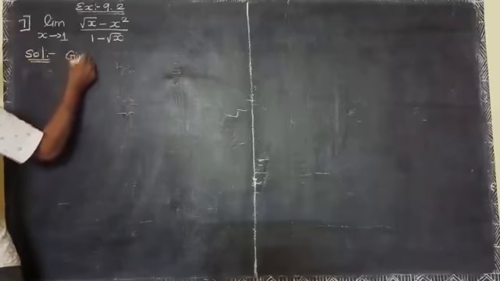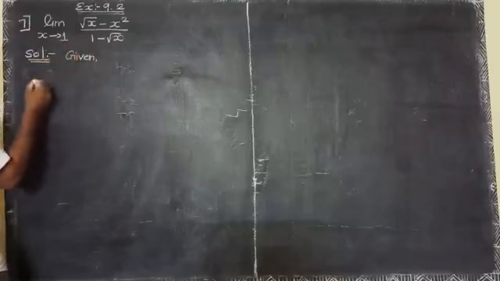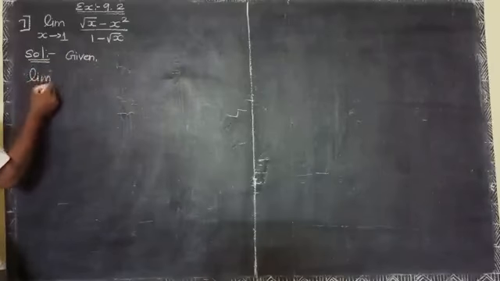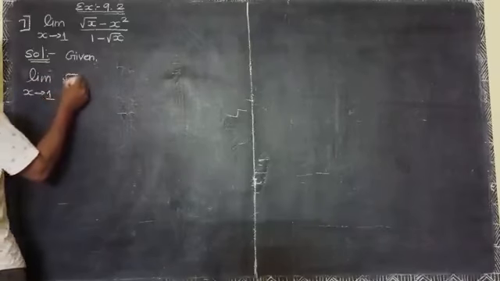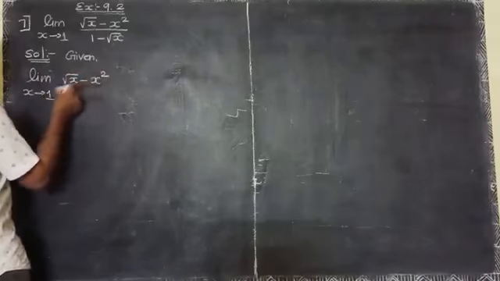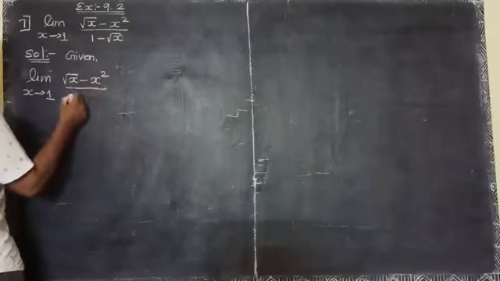Solution: given limit as x approaches 1 of square root of x minus x square divided by 1 minus square root of x. The denominator has square root of x.